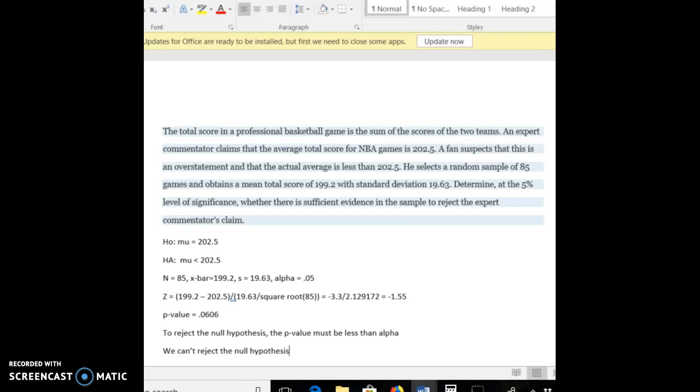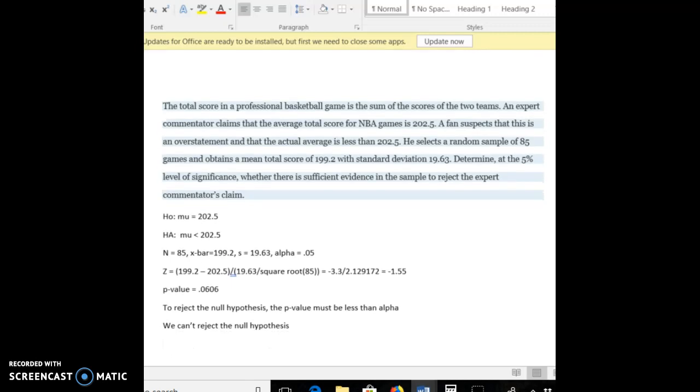All right, so now that we know we can't reject the null hypothesis, we must make our conclusions. And rest assured, in your test, the conclusion is the most important part of doing the hypothesis test. So you need to write that conclusion.